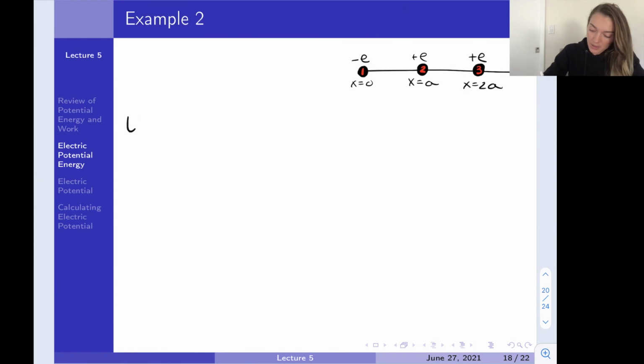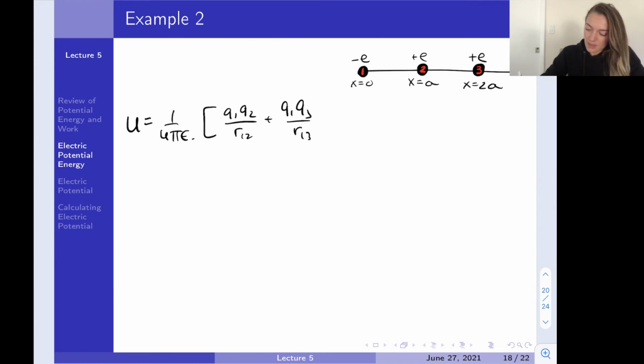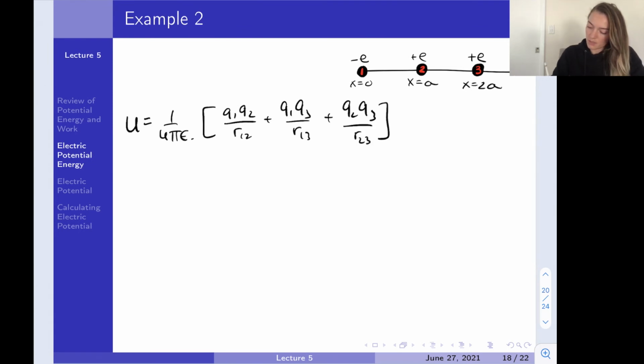So our potential energy will be, factor out the 1 over 4 pi epsilon naught. All of our pairs of charges will be Q1 and Q2 and the distance between them, Q1 and Q3 and the distance between them, and then Q2 and Q3 is my last pair and the distance between them there.